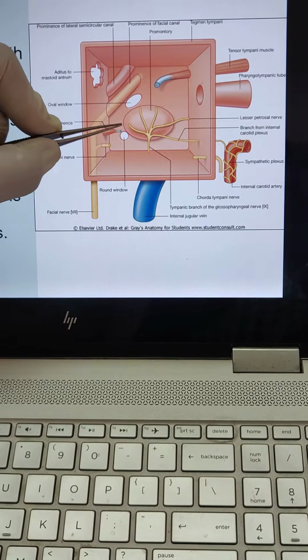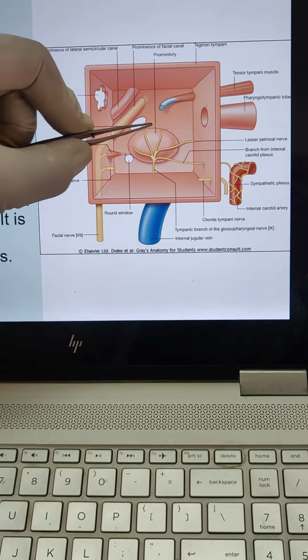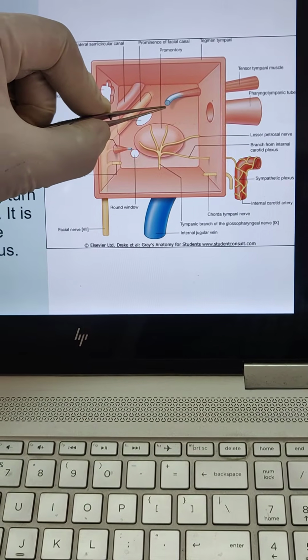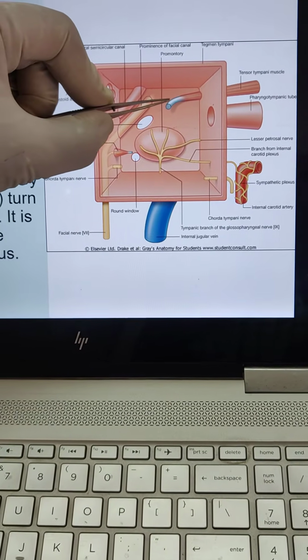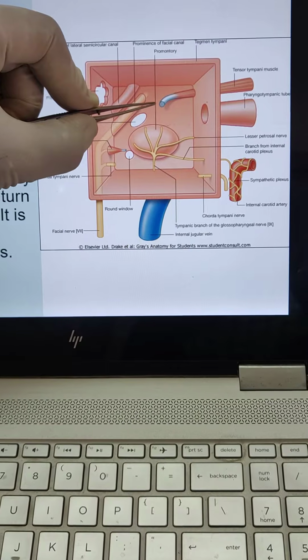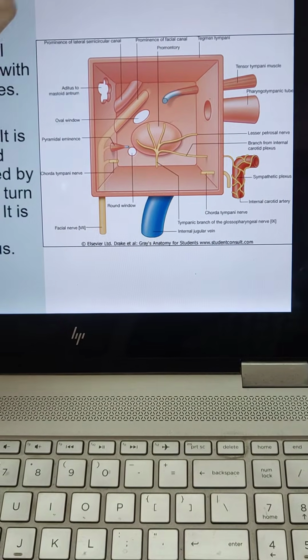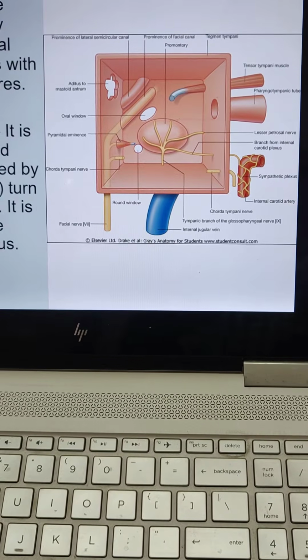Below and posterior to the promontory there is the round window. Above the promontory at this level there is the tensor tympani, which winds around the processus cochlearis and is inserted to the handle of the malleus. So these are the medial wall of the middle ear.